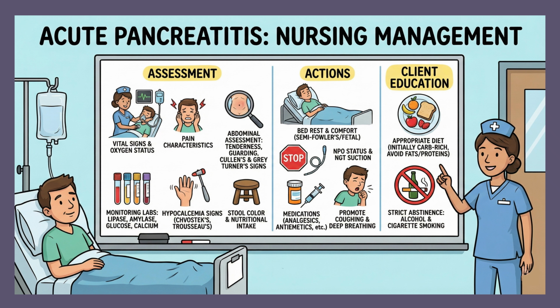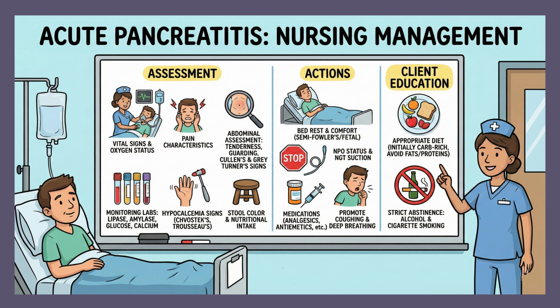The presence of hypocalcemia, indicated by Chvostek or Trousseau signs, is a direct consequence of fat necrosis and calcium chelation, requiring close observation for neuromuscular irritability. Stool color, steatorrhea, clay colored, and nutritional intake are also addressed.